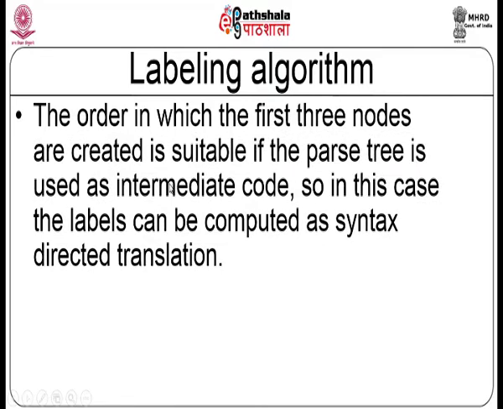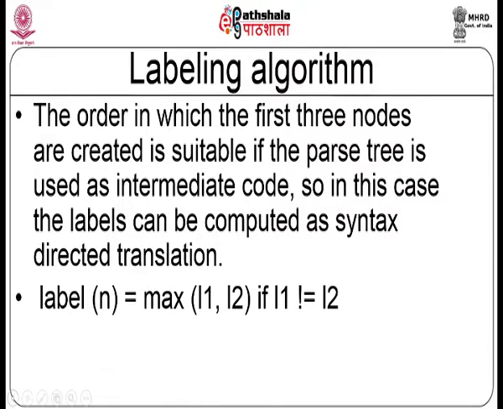The order in which the first 3 nodes are created is suitable if the parse tree is chosen as the intermediate code. So, in this case, the labels can be computed as a syntax directed translation. This is one more piece of information available in the textbook. If we are going to use this logic, label of n is equal to max of L1 comma L2 if L1 is not equal to L2. That is, L1 is the label of the left child and L2 is the label of the right child.